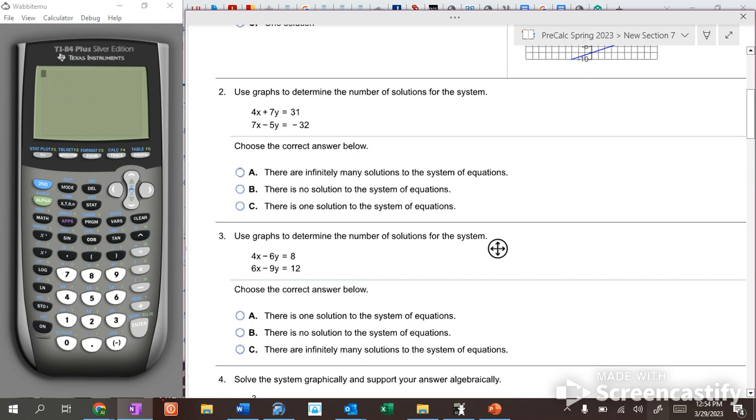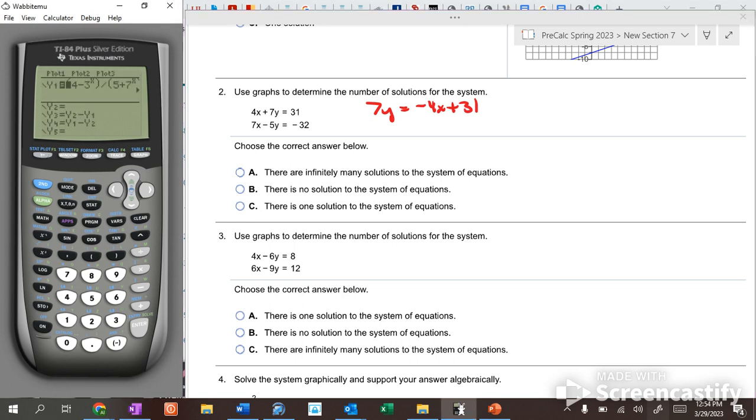Now, for this, what we should do is graph them on the graphing calculator. It would be great if the graphing calculator took this, but it does not, so we have to solve them each for y. So 7y equals negative 4x plus 31, and then divide by 7.